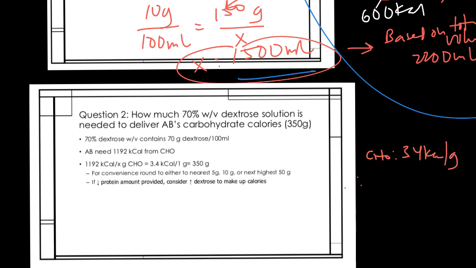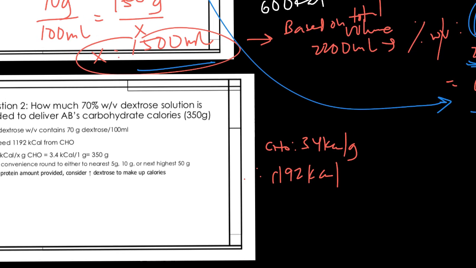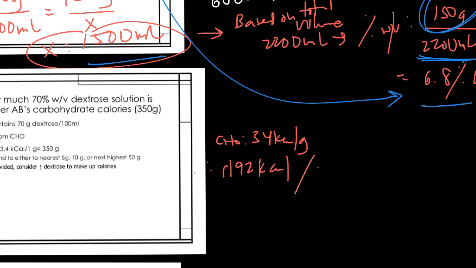Therefore, you know that she needed 1,192 kcals. So let's see, 1192 kcals divided by 3.4 kcals per gram. Remember, when you divide, you switch units.